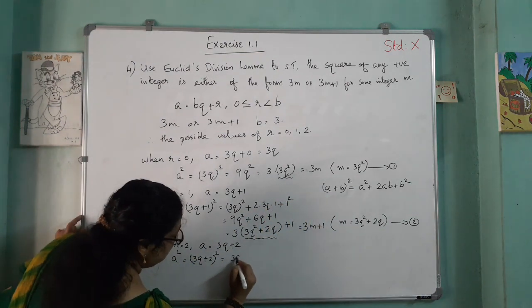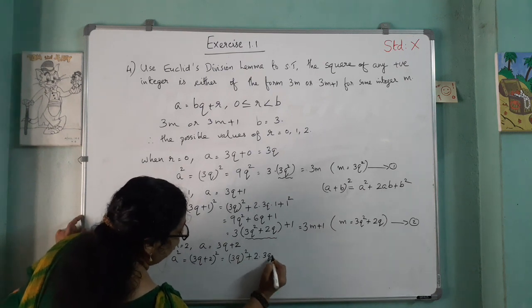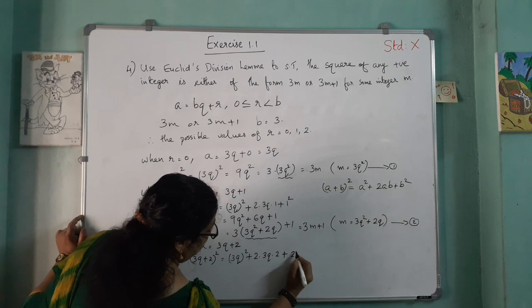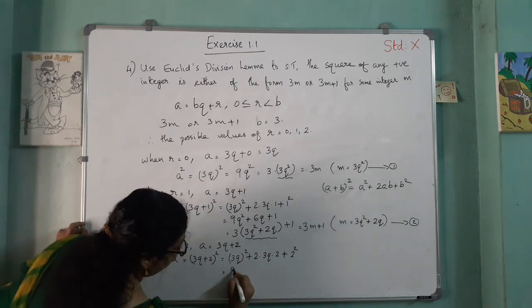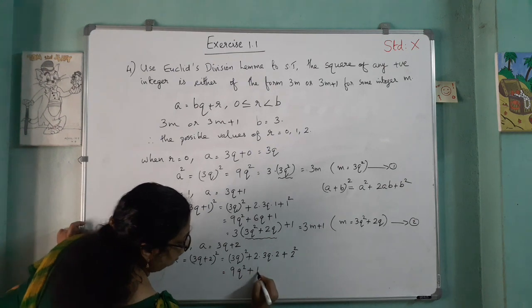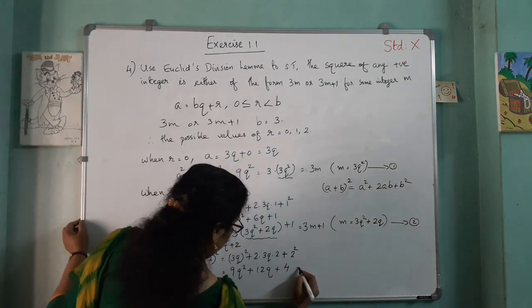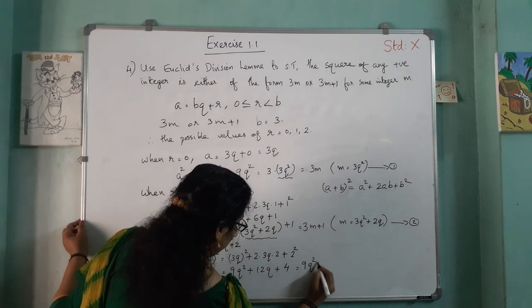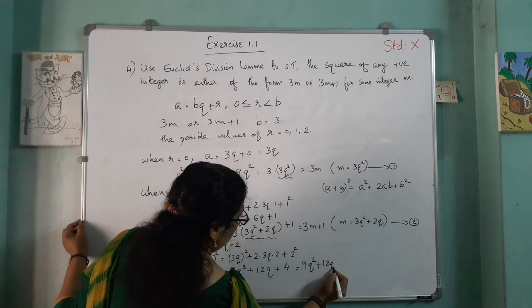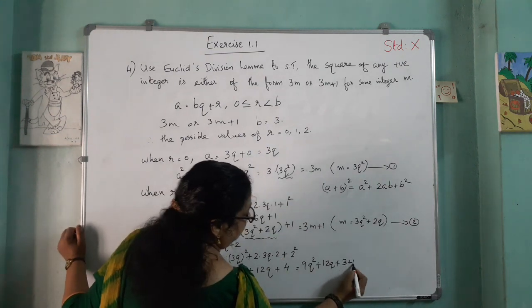Here it is 3q the whole square plus 2 into 3q into 2 plus 2 square, which is equal to 9q square plus 12q plus 4. Here this 4 can be written as 3 plus 1.